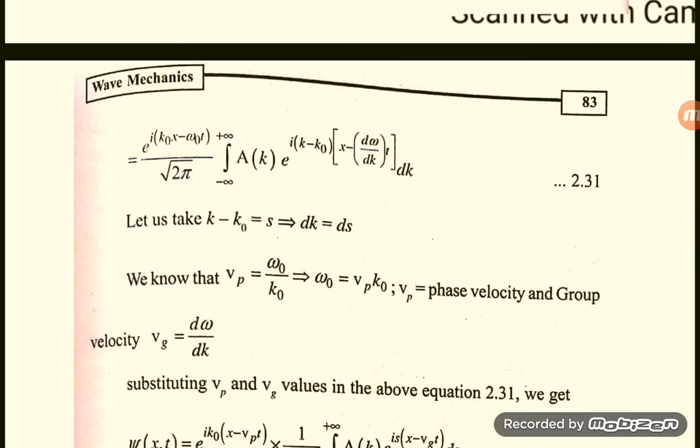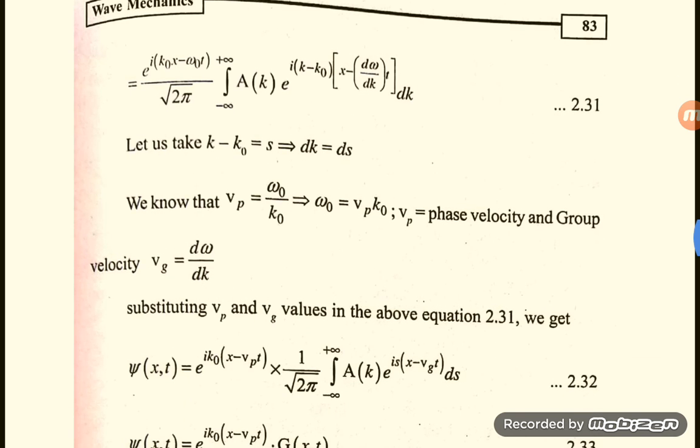Let us take k minus k naught equals s, so dk equals ds. We know that Vp equals omega naught by k naught, so omega naught equals Vp k naught, where Vp is the phase velocity, and the group velocity Vg equals d omega by dk.